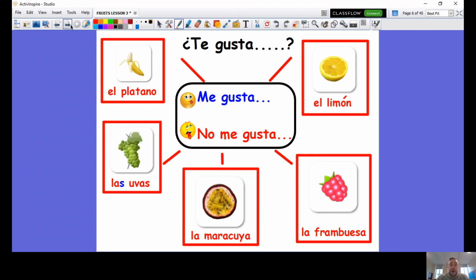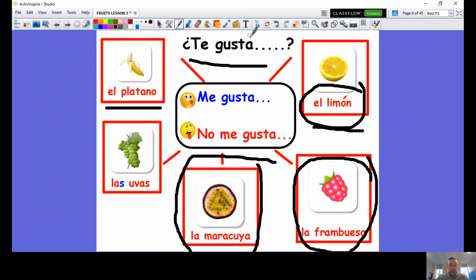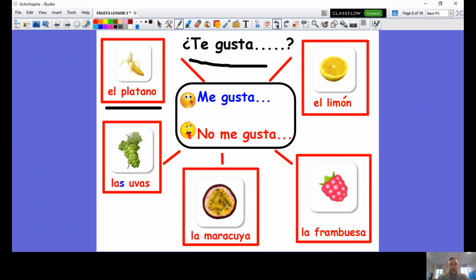Muy bien. I have a few more questions about some of the other fruits. ¿Te gusta el plátano? ¿Te gusta el limón? ¿Te gusta la frambuesa? ¿Te gusta la maracuyá? Muy bien, well done.